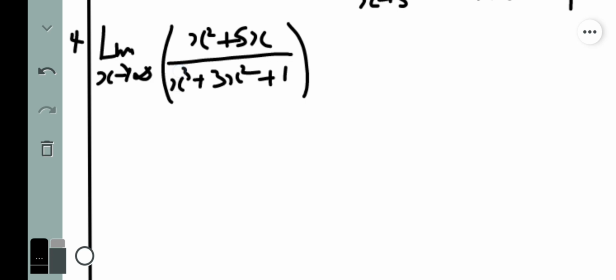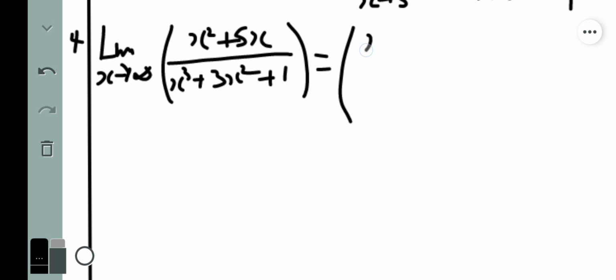After identifying that, the next step is to divide both the numerator and the denominator by the highest power of x. That is, divide the numerator and the denominator by x raised to the power 3. So what do we do here? Let's divide everything by x raised to the power 3.